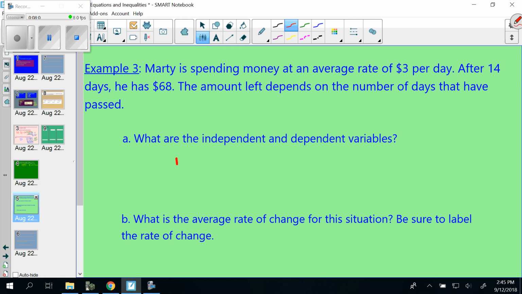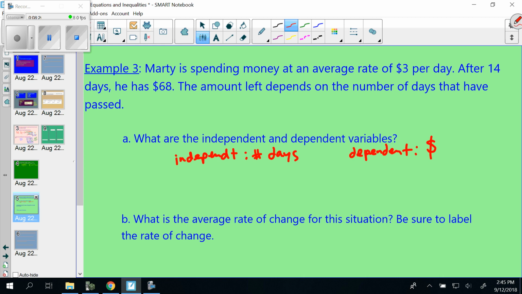So our independent variable here would be the number of days, because that's what we input. Our output would be our dependent variable, the amount of money, the number of dollars.